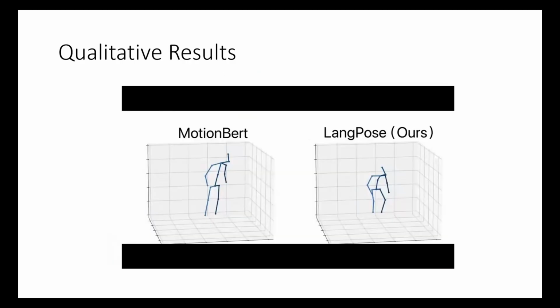Both MotionBERT and our method show robustness under this challenging scenario. However, MotionBERT exhibits observable short-term jitter in the knee region, while our approach results in comparatively smoother and more stable motion.